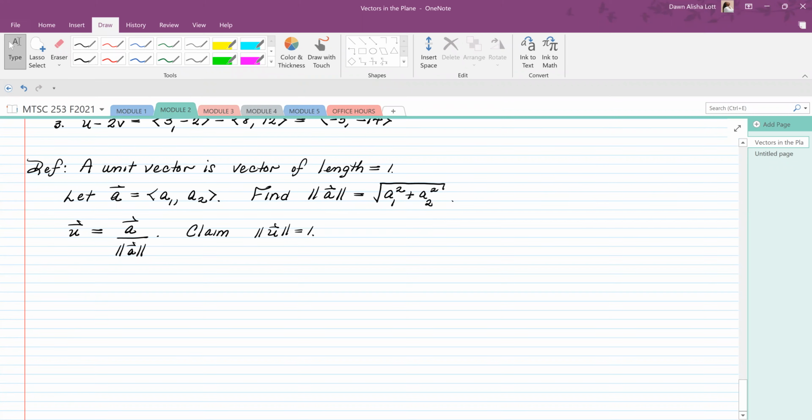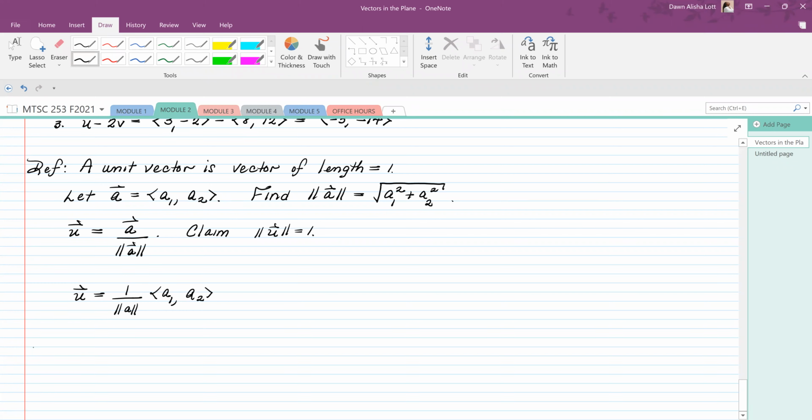All right, well, let's see what happens. What does u look like? It looks like 1 over the length of A times the vector A1, A2.